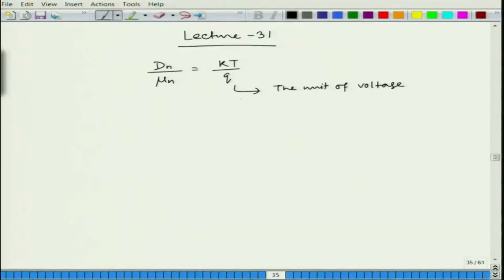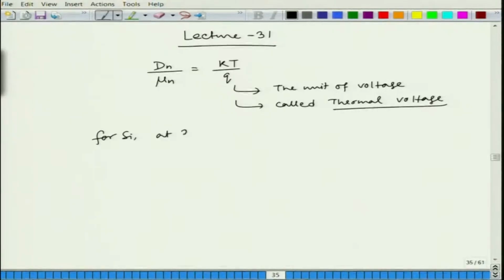So, this is called thermal voltage. And for silicon at 300 Kelvin, this particular quantity is a tiny voltage of 0.0259 volt.